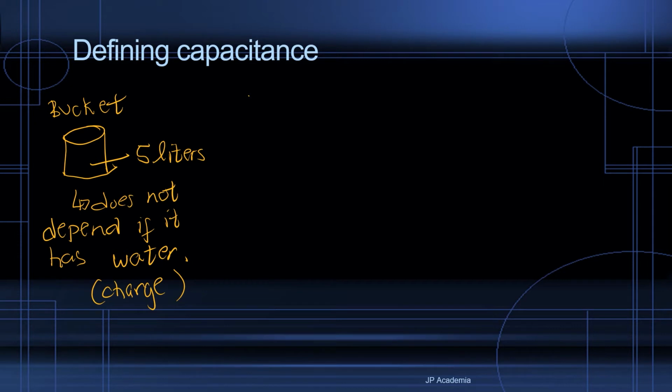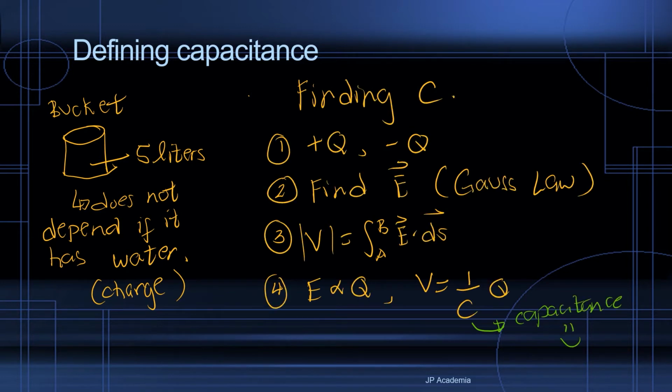We can find the capacitance using this general procedure. First, you should have the charge, positive Q and negative Q, on two conductors. Second, find the electric field between these conductors. In this step, you may apply Gauss's law. Third, find the magnitude of the potential difference between the two conductors.